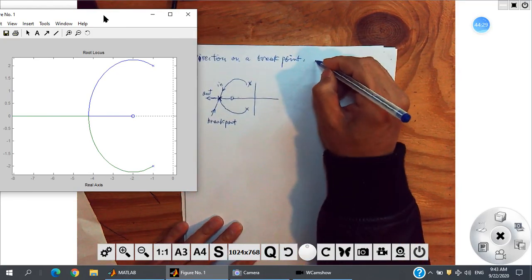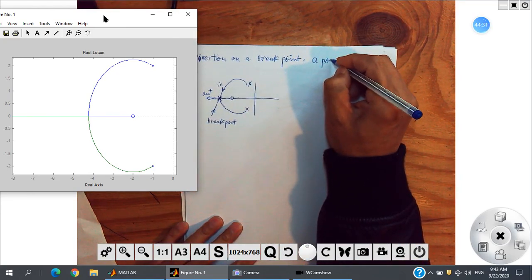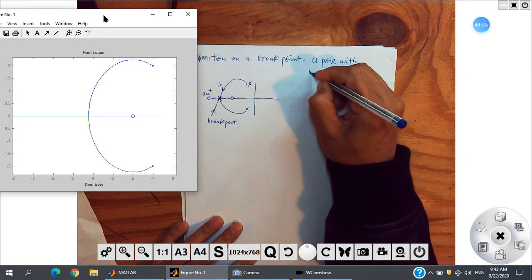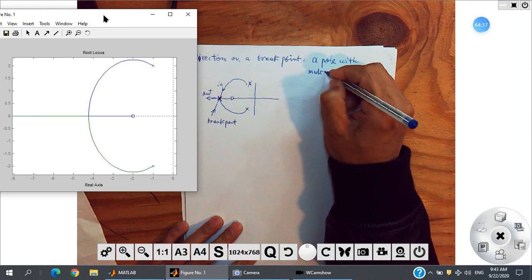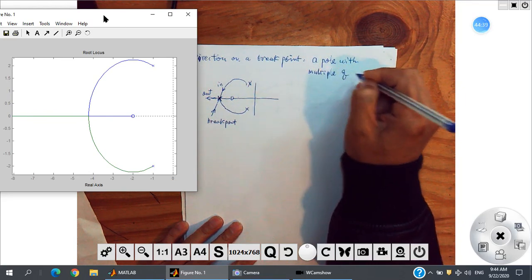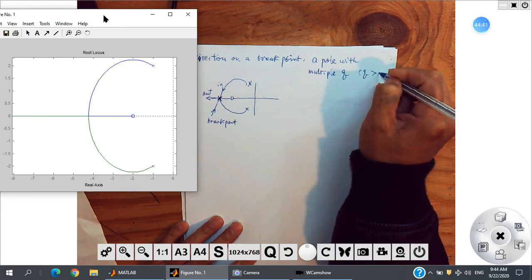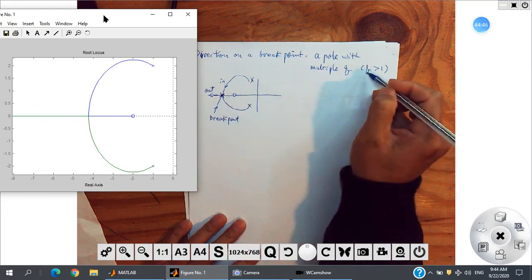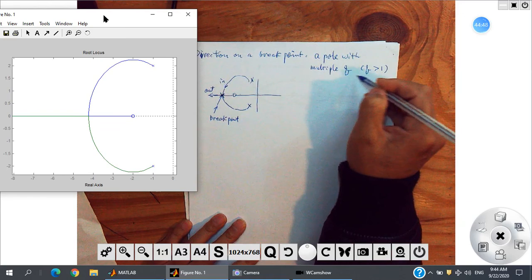It is a pole with multiple Q. Q must be a number larger than 1. If Q is 1, then it is not a break point, right? A break point is at least multiple 2 or 3.